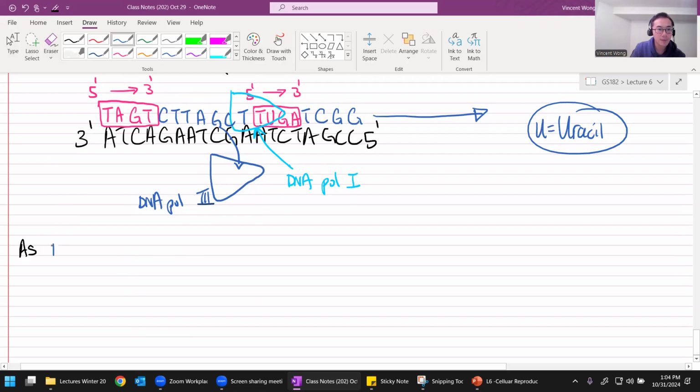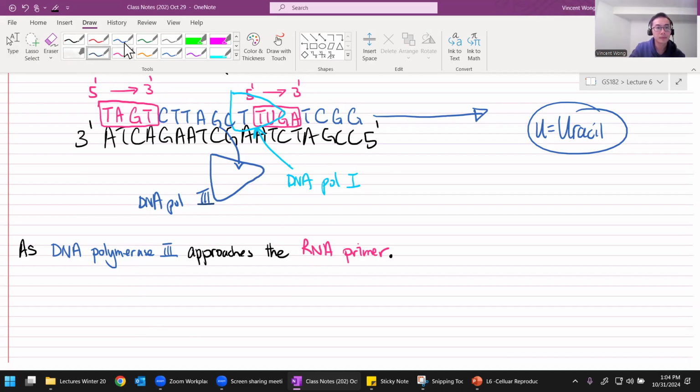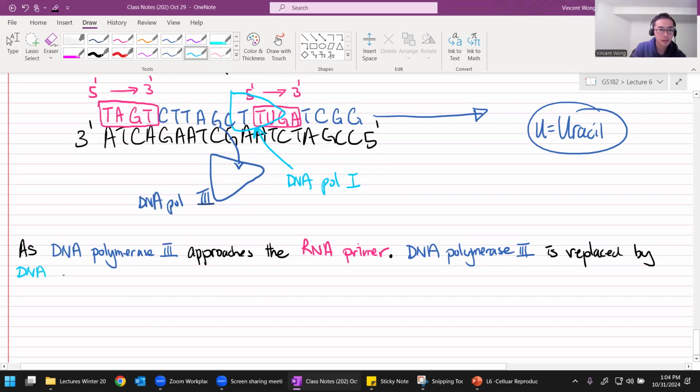So as DNA polymerase 3 approaches the RNA primer, DNA polymerase 3 is replaced by DNA polymerase 1.